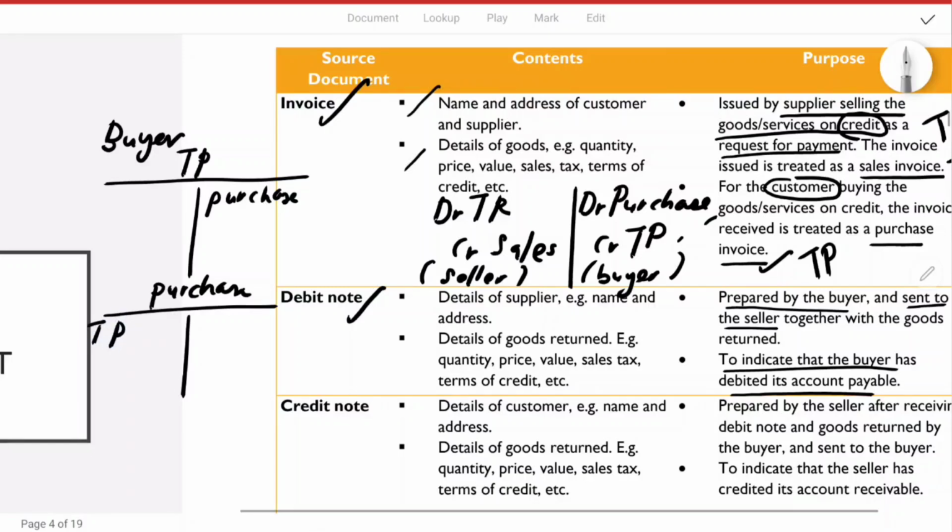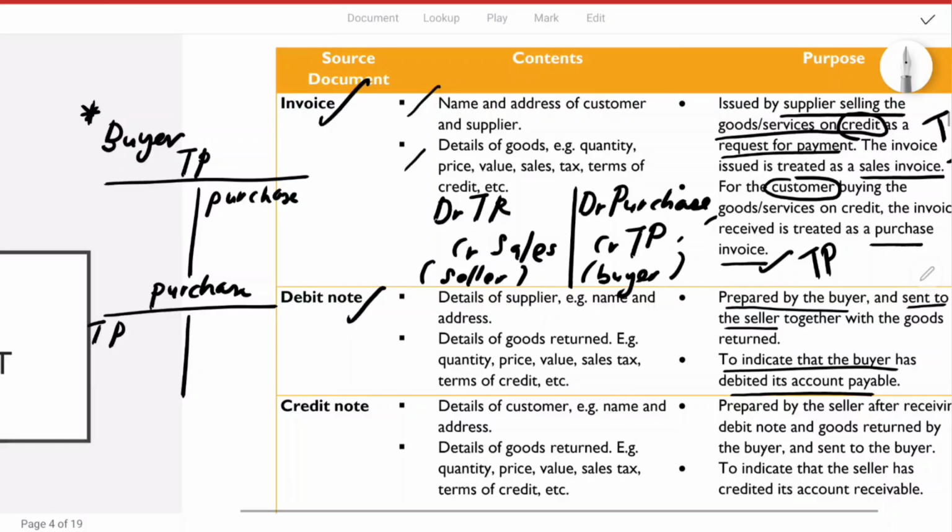When the buyer returns the goods, the buyer also sends the seller a debit note together with the goods. So what happens here is the buyer is going to reduce its liability account, which is trade payable.